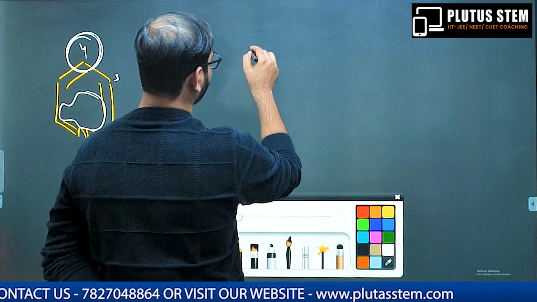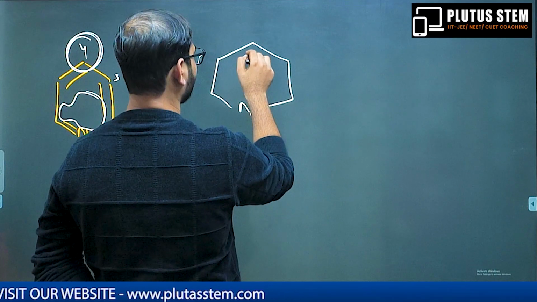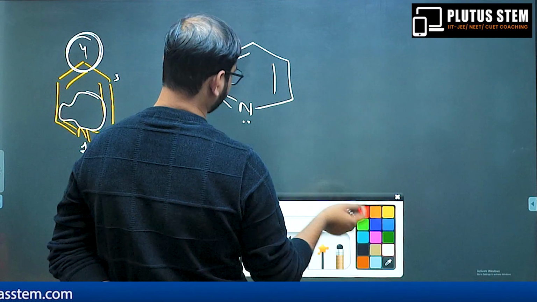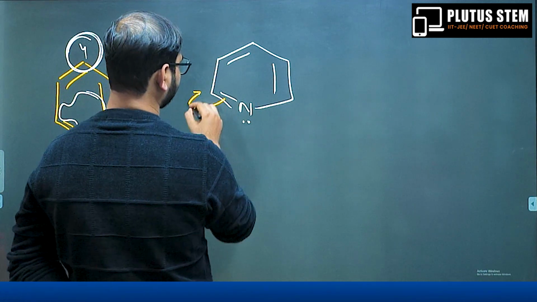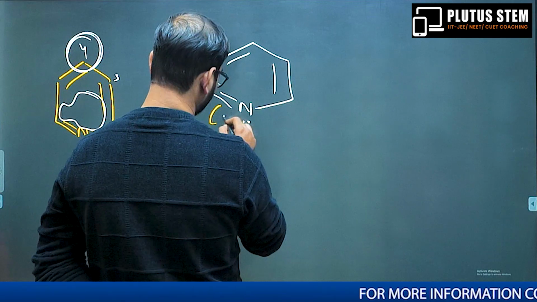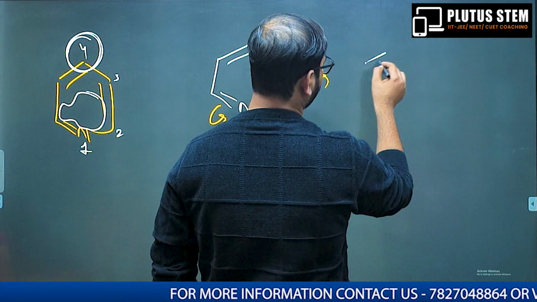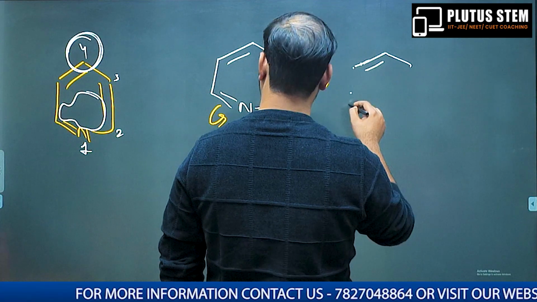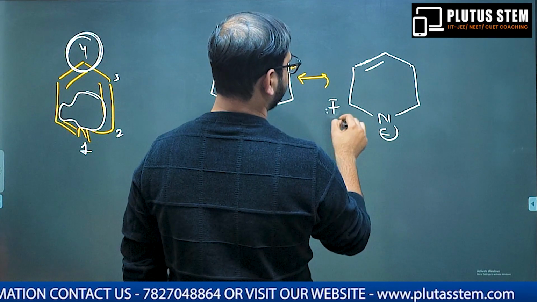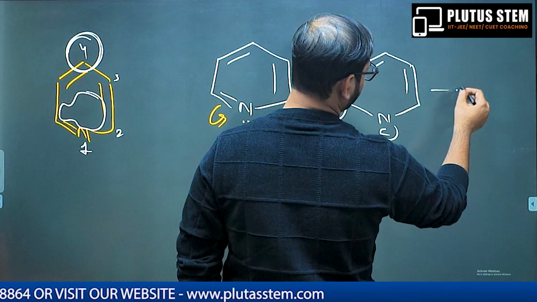But in reality, if I look at pyridine like this, and try to make a resonating structure for it, the nitrogen will need to pull electron density from the ring, making itself negatively charged, creating a positive vacant site for a nucleophile to approach.